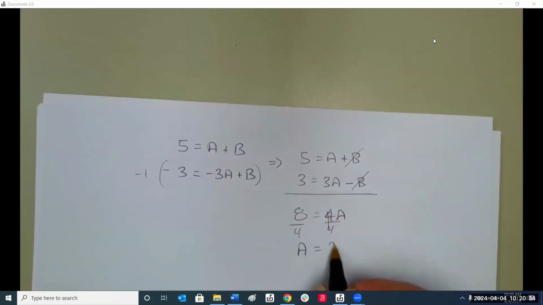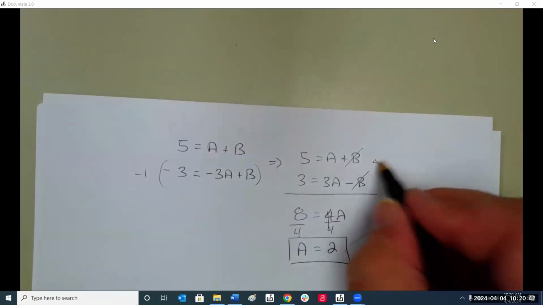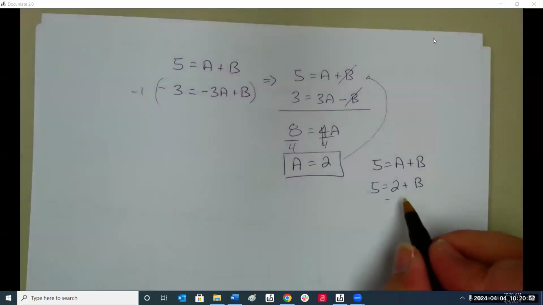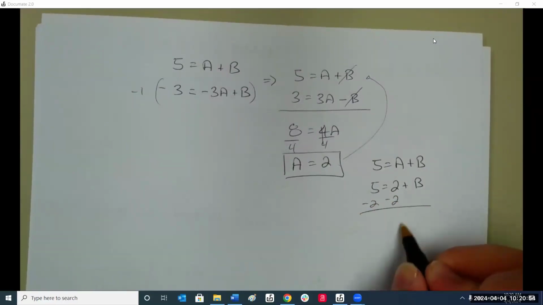A is equal to 2. Since A equals 2, I can plug it back into the first one. So I have 5 equals A plus B, A is 2, subtract 2, so B is equal to 3.